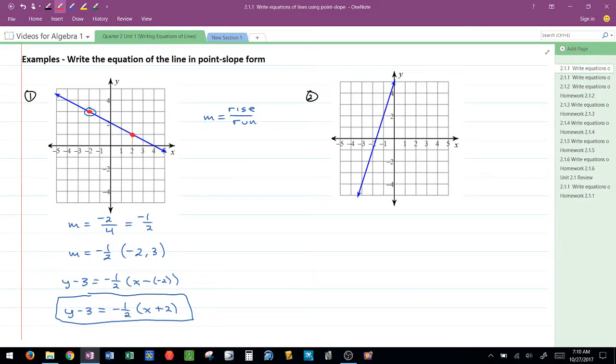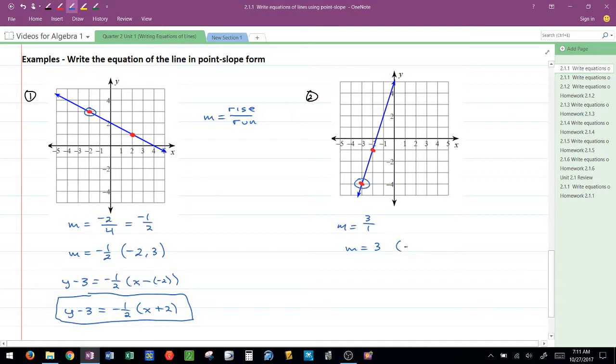Take a look at this one. Let's identify this point, and how about that point? Okay, to find the slope, think rise over run. The slope is, I'm going to have to go up 1, 2, 3, and then I'm going to go over 1. So that tells me I have a slope of 3. I need to identify a point. I'm going to use again this first point right here.